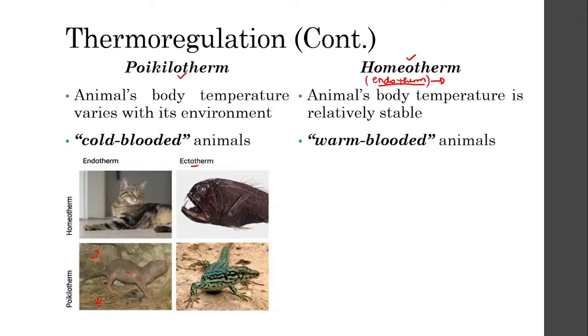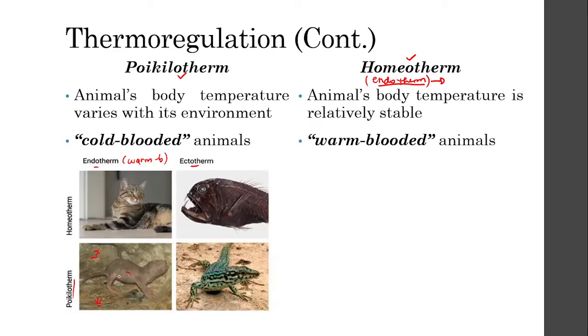Because they can change their temperature depending on their environment, they're poikilotherms, and this change of temperature happens via inner mechanisms. They are endotherms. So please do not get confused with endotherm being warm-blooded, because that is a misnomer. It's not real, because some endotherms are actually poikilotherms.